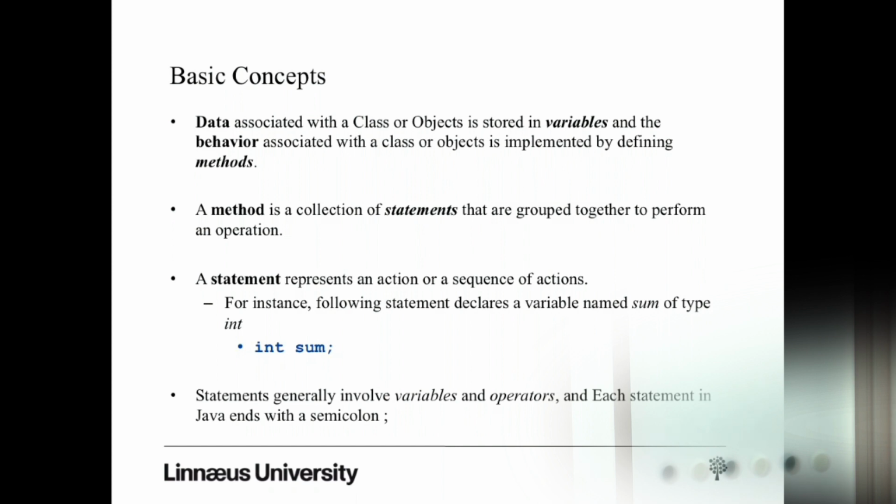So when you have a problem, you try to identify the objects, and then you try to model that problem in terms of objects. What are the different attributes of that object, and how do the different objects interact?